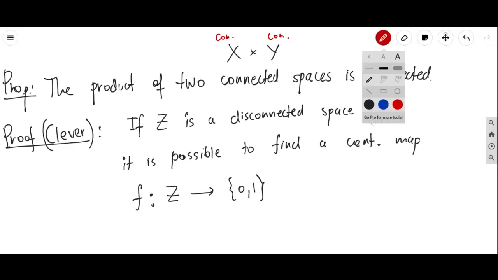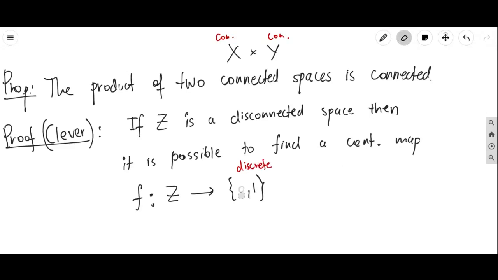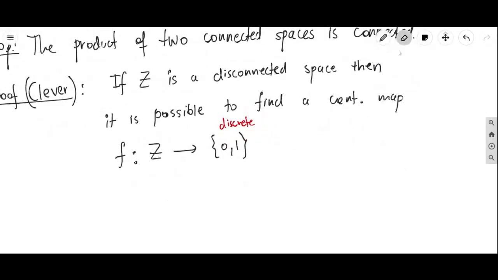Now the set {0, 1} is given the discrete topology. So everything is an open subset of this. So you give it the discrete topology, and you can find a continuous map.